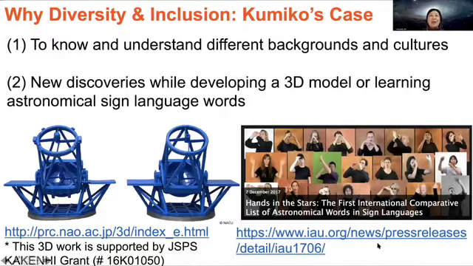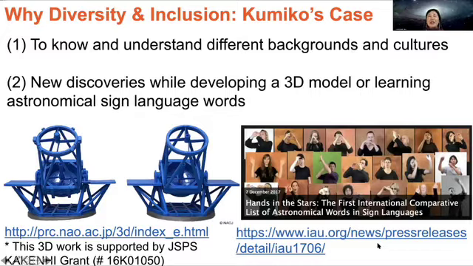And let me share my thoughts about the benefits of astronomy for diversity and inclusion. Number 1, before I started working at NAOJ in Tokyo, Japan, I lived in Hawaii, United States for 15 years and did extensive outreach activities for the local community.